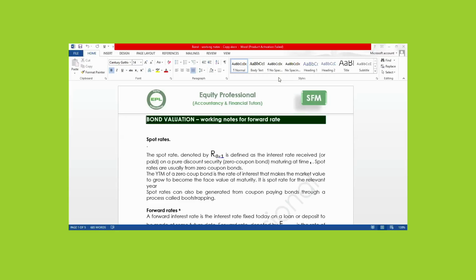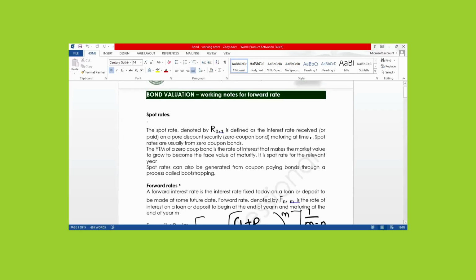Now the question is, how do we differentiate between forward rates and spot rates? What are spot rates? What are forward rates?